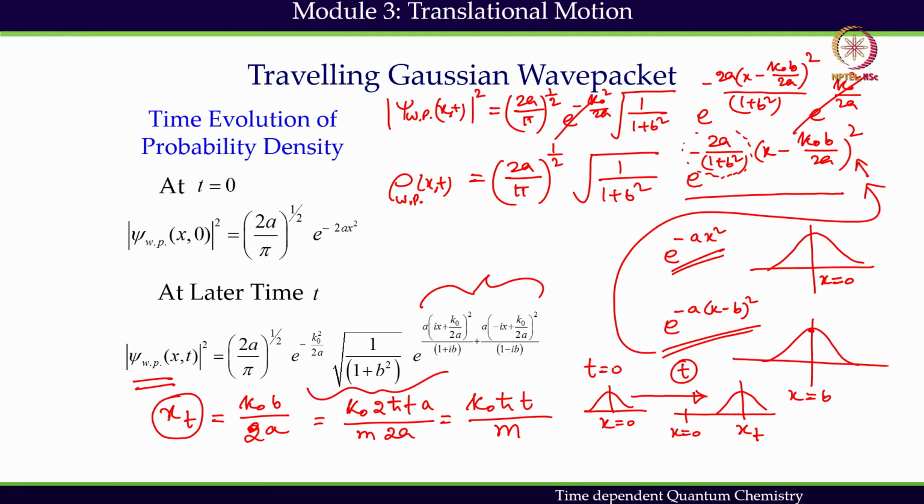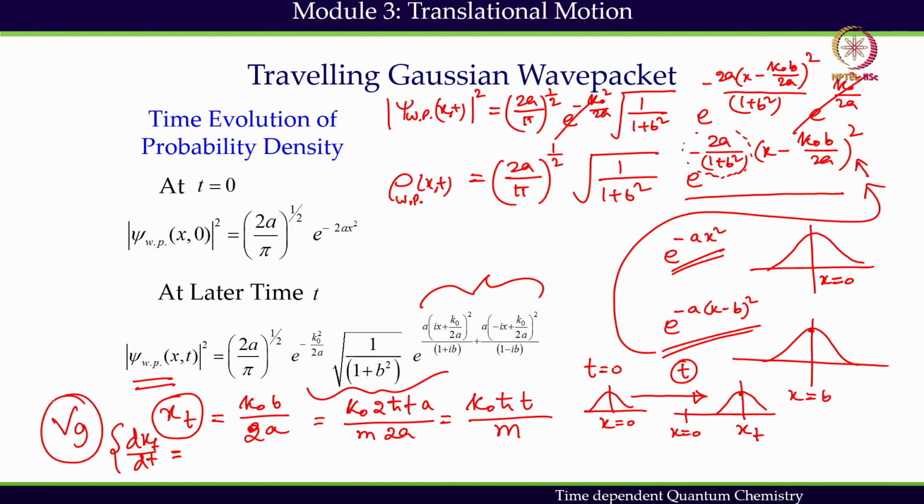And if x t, the center of the Gaussian, is travelling this way, then I can find d x t d t. The center of the envelope is changing, the envelope function is propagating. Now, because d x t d t gives the velocity of the envelope, the velocity of the envelope is given by the group velocity.